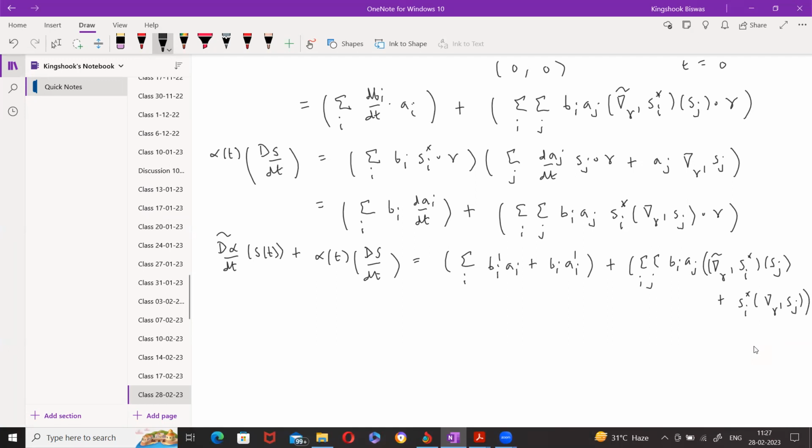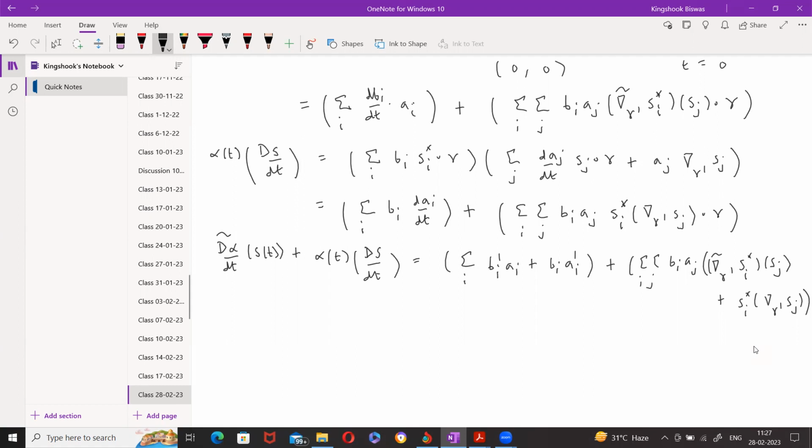Okay, so I'm not writing the composed with gamma here because this gamma prime is a tangent vector at a point, at the point gamma t. So this is going to act on Si star at the point gamma t. So this will be an element of the fiber of E star at gamma t that can only act on Sj at gamma t, on the value of Sj in the fiber of E at gamma t.